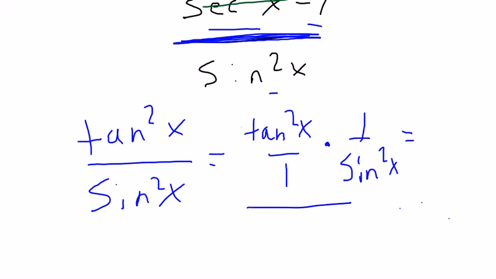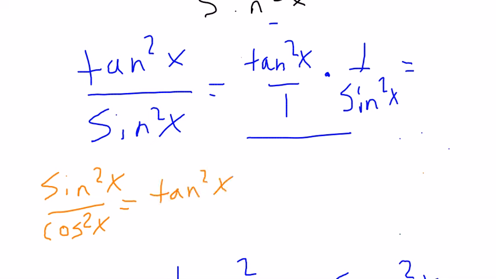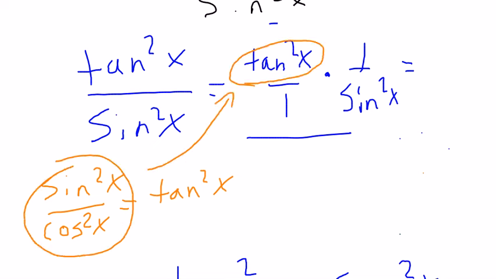Okay, now if I look back on page 372, I know that sine squared over cosine squared equals tangent squared. So where I see tangent here, I'm going to substitute in this. Okay, so I end up with sine squared on top over cosine squared times 1 over sine squared.